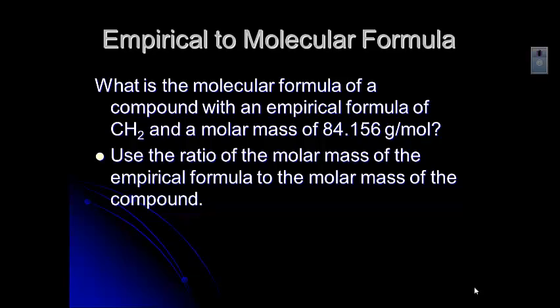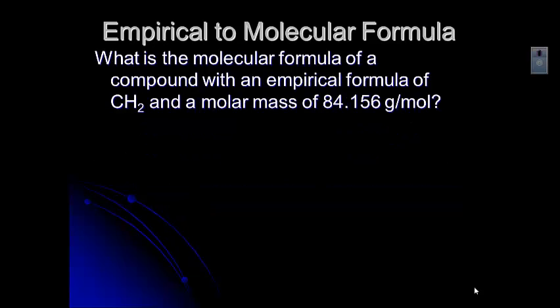So let me just put the problem up by itself so I have room to work it out. All right, so that's just the same problem that we were looking at. We know that the molecular formula is some multiple of the empirical formula.